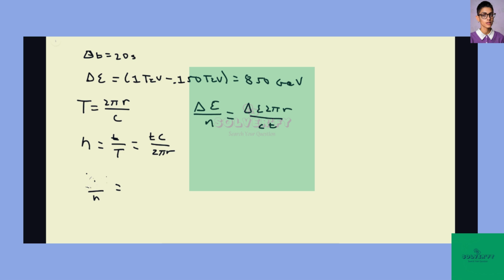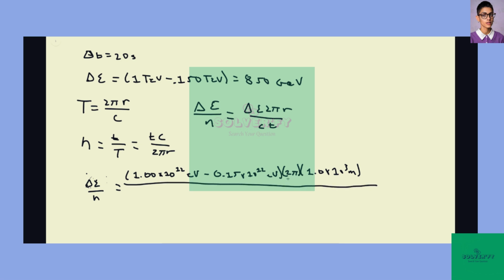I was saying I should probably rename this for something else, but no. The energy gained per revolution is just going to be equal to the total energy gained, which is 1.00 times 10 to the 12th electron volts minus 0.15 times 10 to the 12th electron volts, times 2 pi times 1.0 times 10 to the 3rd meters, the radius of the ring, divided by the speed of light, 3.00 times 10 to the 8th meters per second, times the total time that it takes to build up that energy, 20 seconds.